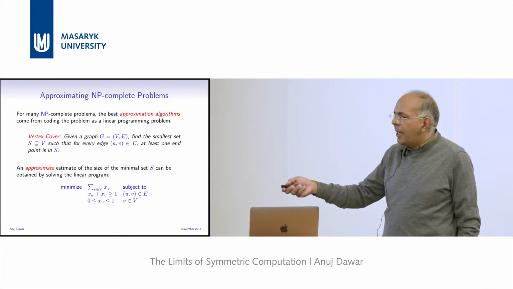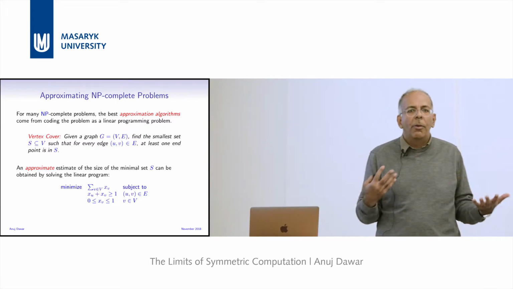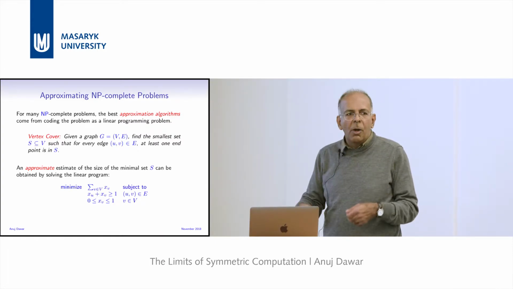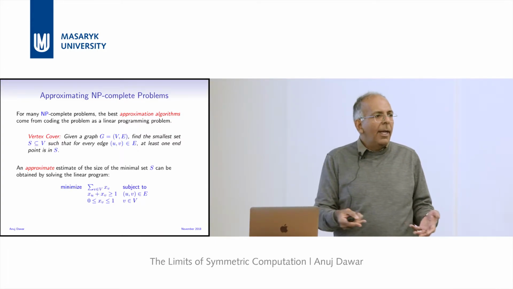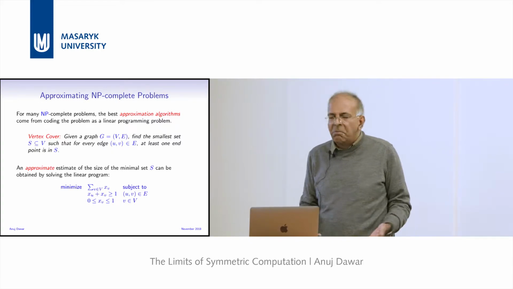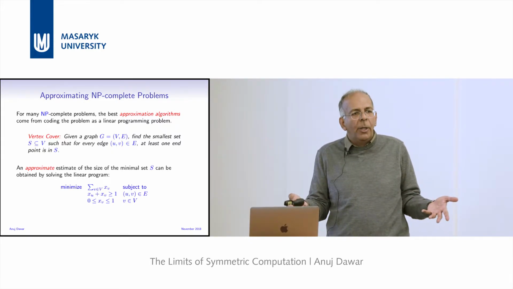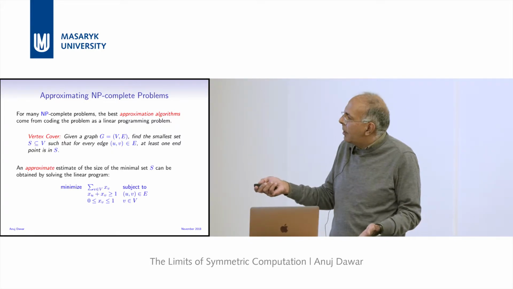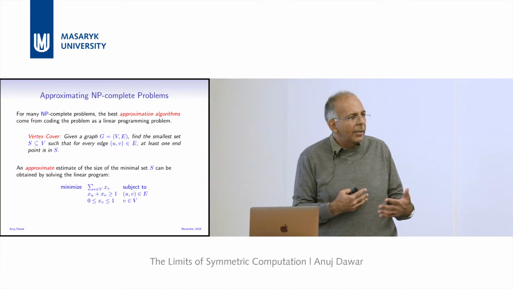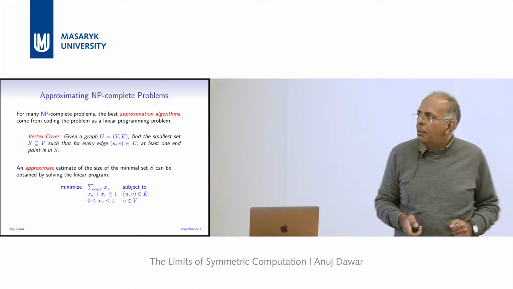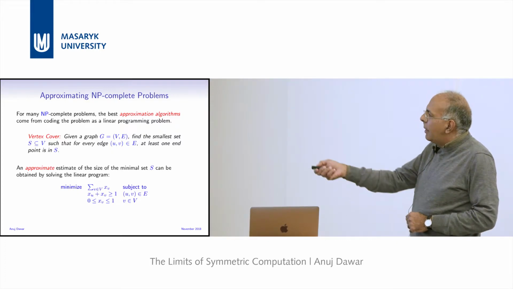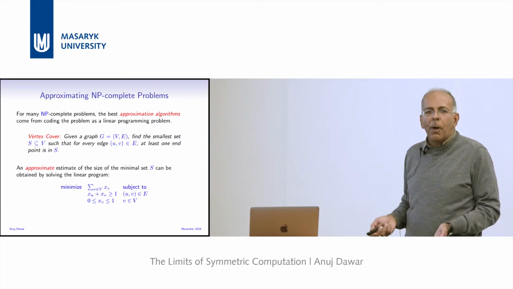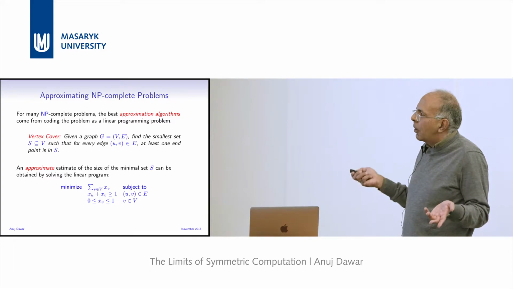But this linear program just says these things can now be fractional. I can give some fractional weight to every vertex, and this is what's called a fractional vertex cover. It's an approximation of the value of the vertex cover. It'll give me something in general smaller than the vertex cover, because I've allowed myself fractional solutions. But solving a linear program I can do in polynomial time, so this gives me an approximation.